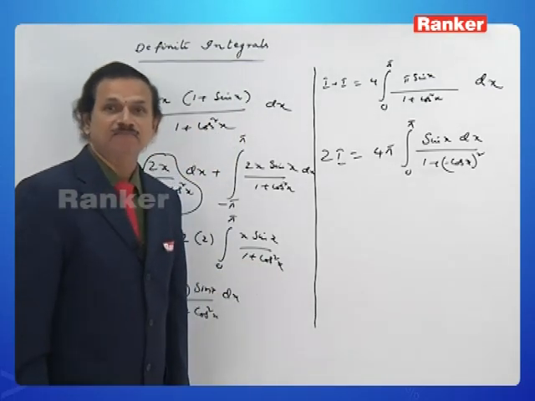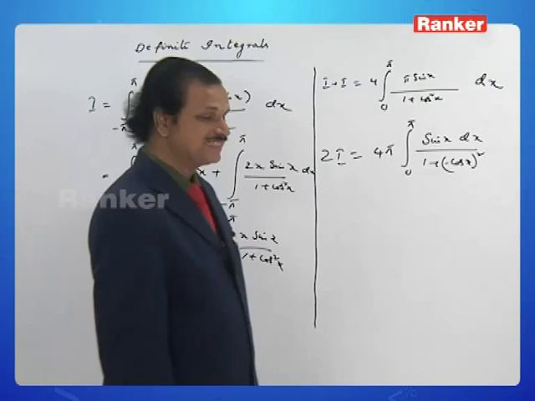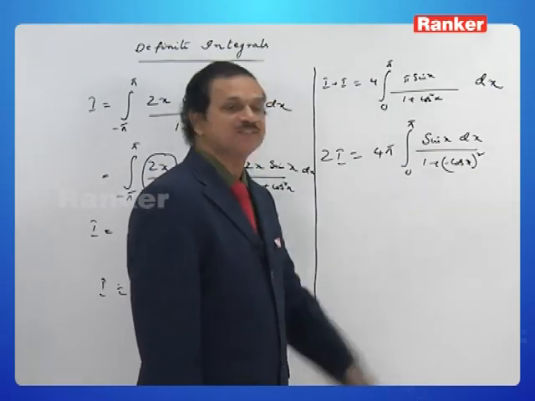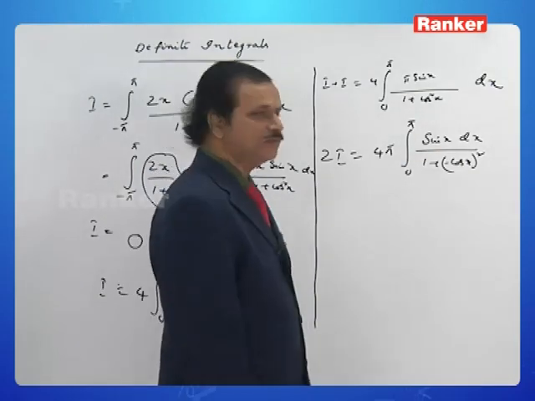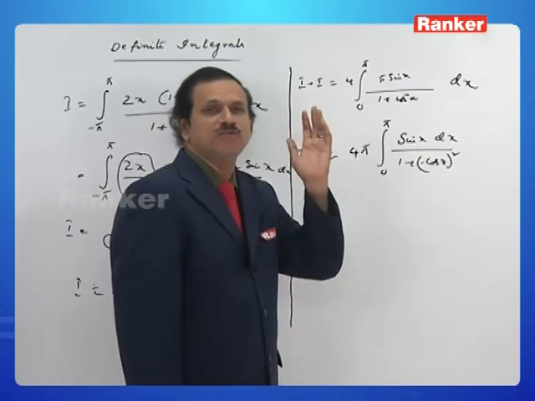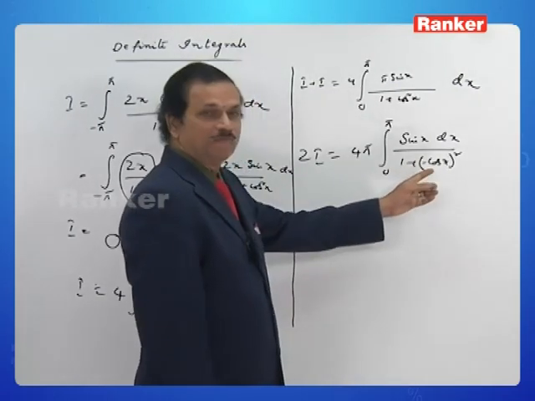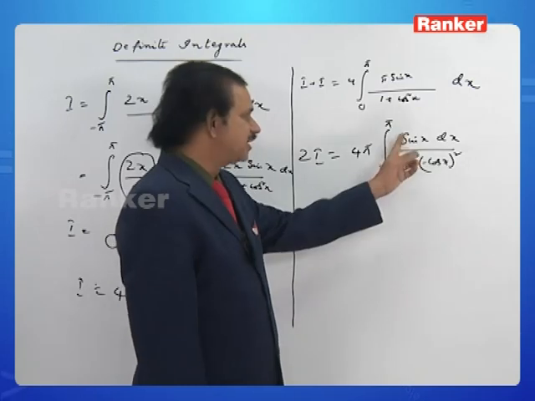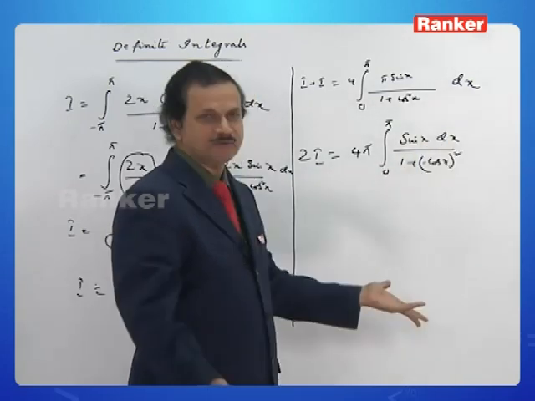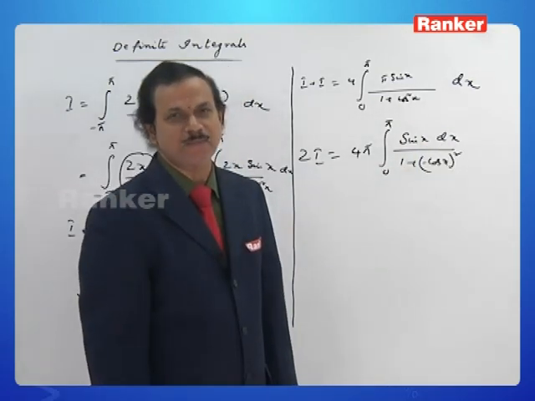I think you could have got the point. Why is it necessary to imagine cos square x as minus cos x whole square? Well, my dear, you imagine minus cos x is equal to t in your mind. If minus cos x is t, sin x dx is dt. So it is dt by 1 plus t square. What is dt by 1 plus t square?